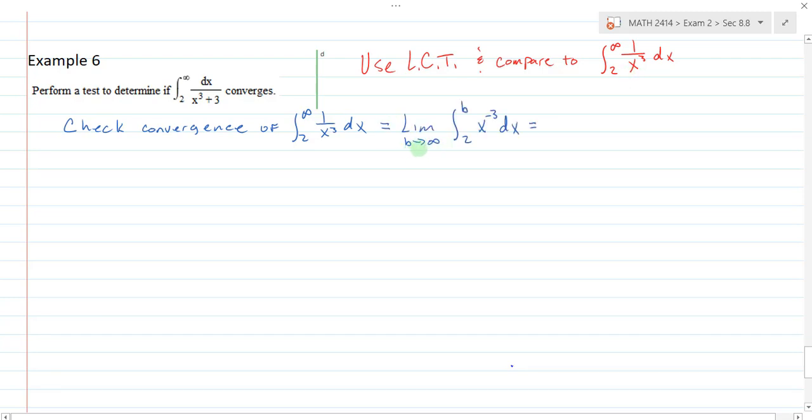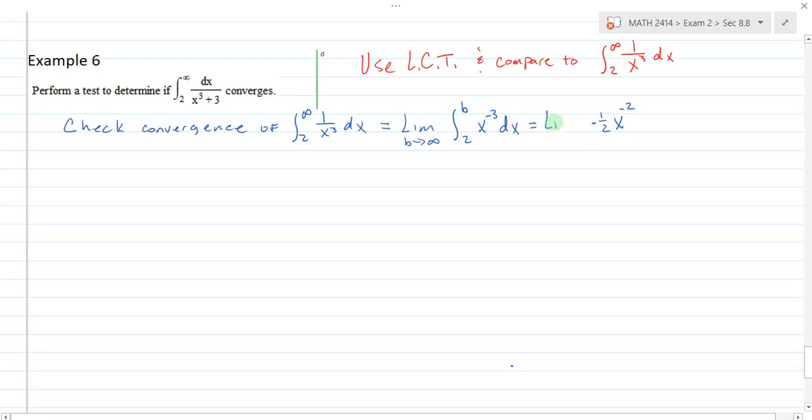So I'm going to rewrite this integral as the limit as b approaches infinity of the integral from 2 to b of x to the negative 3 by moving that term up into the numerator dx. When I add 1 to the exponent, that's going to give me x to the negative 2. And divide by negative 2 gives me a negative 1/2 out front.